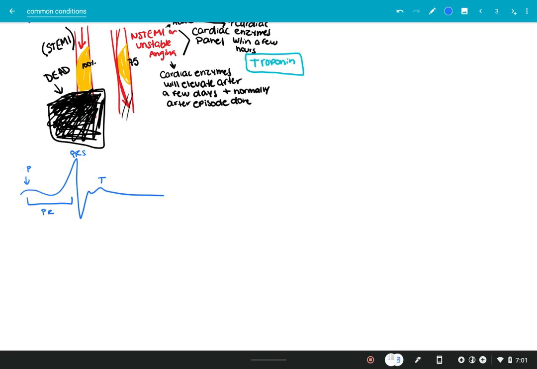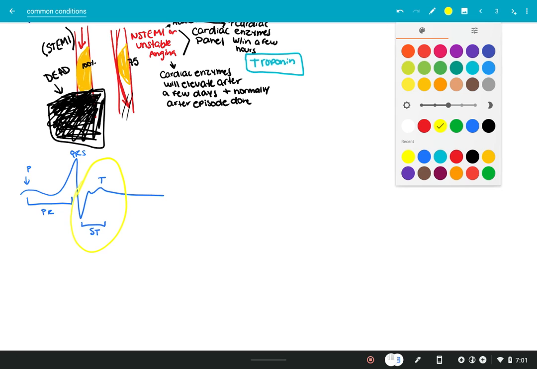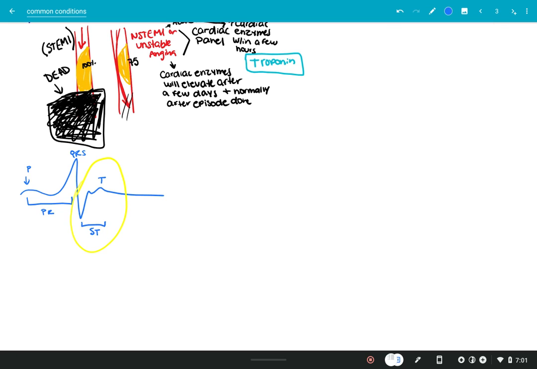This is your ST segment. So this, let's do a different color so we don't get confused. This is what we're looking for. That ST segment, that's what we're looking for to determine on the EKG if it's a STEMI or non-STEMI.